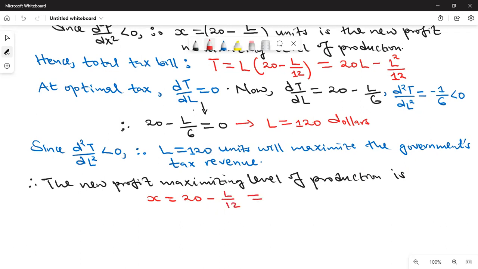And so this will be 20 minus 120 over 12. This is the same as 20 minus 10. And so that is equal to 10 units. So that means now when you need to maximize your profit, you must produce and sell 10 units.